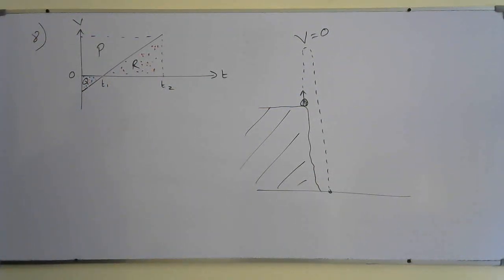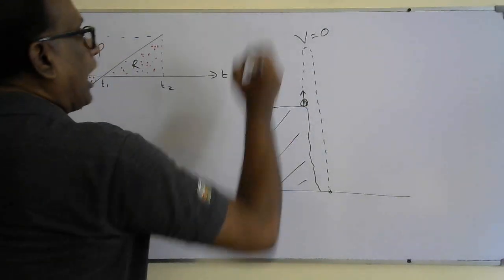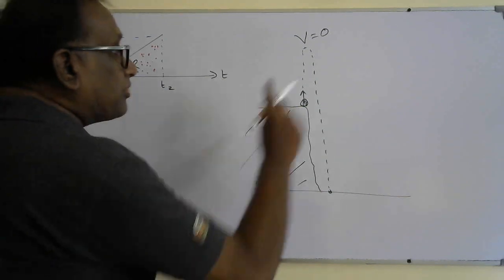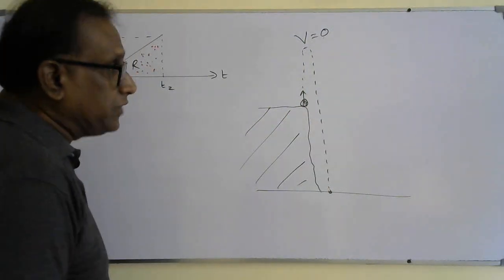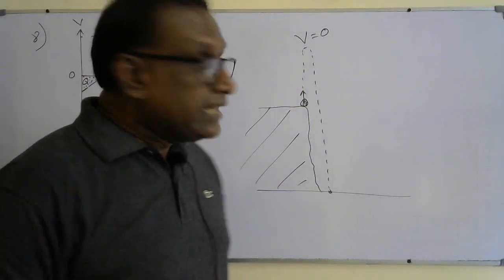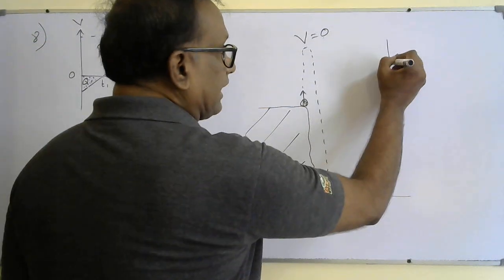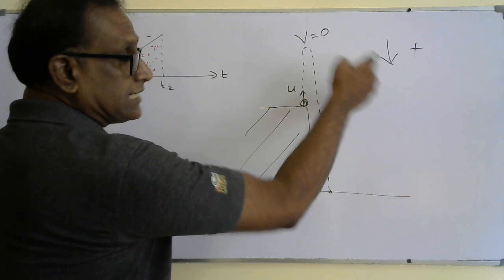Okay, so here from the edge of the cliff it went up to a height. When it reaches the highest point, its velocity becomes 0. We know when it moves from here to here, it will decelerate. So if I take the downward direction as positive, the initial velocity u is in the upward direction, so it's going to be negative.